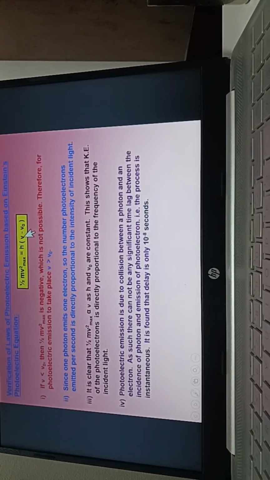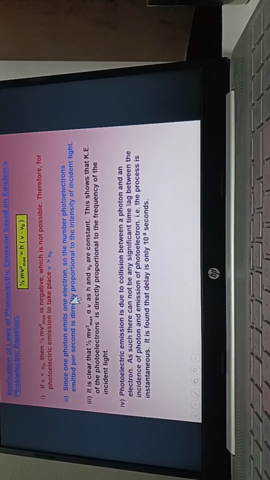If nu is nu 0, then the electron will liberate with zero kinetic energy. The kinetic energy of the photon depends upon the frequency. If the frequency is increasing, kinetic energy is increasing. Nu greater than nu 0 means only at this stage photo emission takes place.